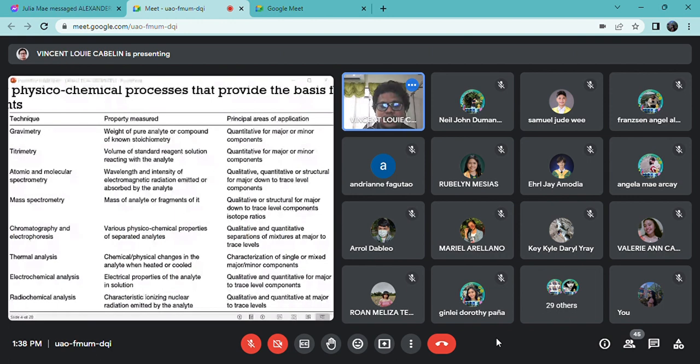Okay, so when you talk about chemical properties and how the reactants would relate to each other to form the product, that's stoichiometry. No? So it's either pure analyte meaning wala siyang ibang nakahalo sa mixture, or compound.